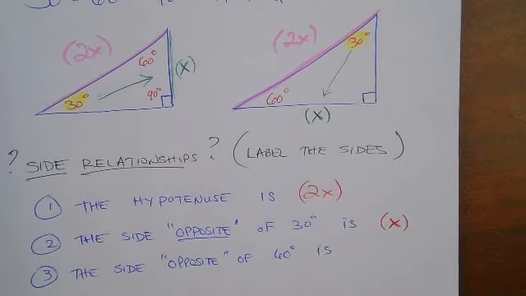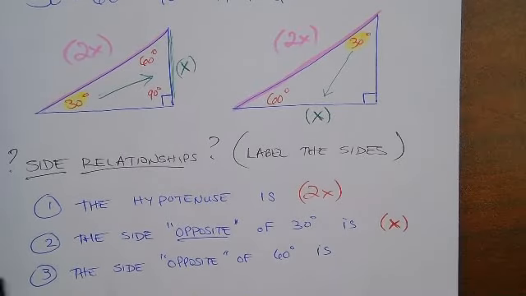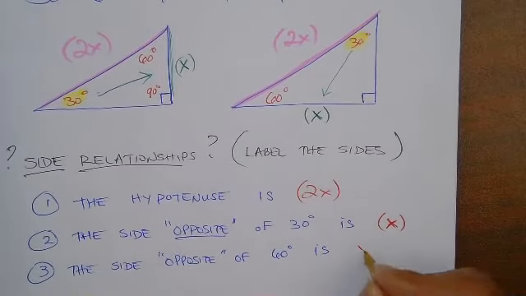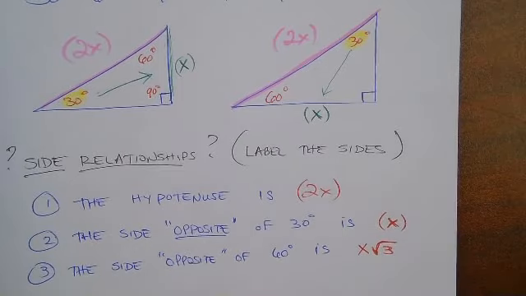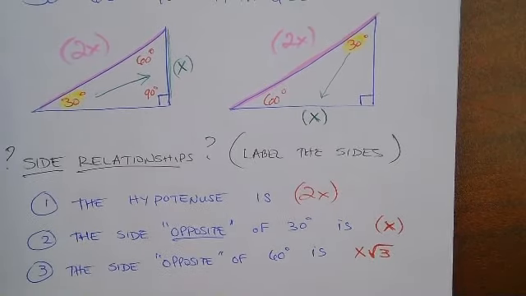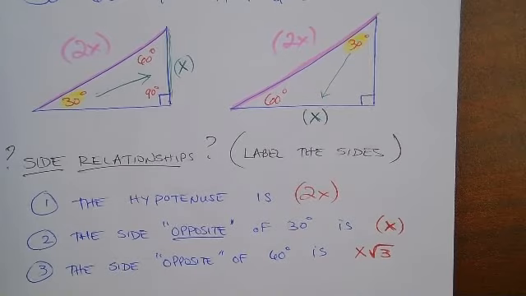X? No, we already have an X and we have a 2X. It has to be something else. No, it's this. I'm telling you, this one's more difficult. It's complicated. It's X root 3. Whatever the value of X is times root 3. That's what it is.